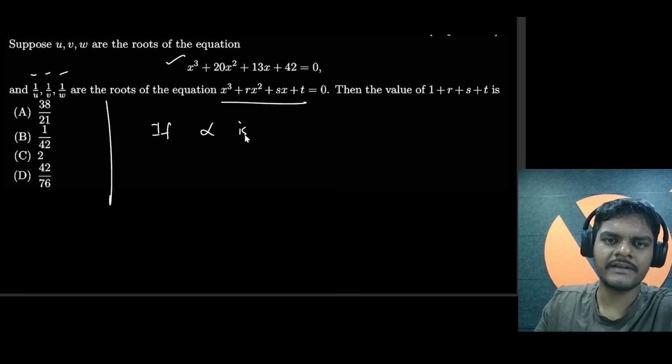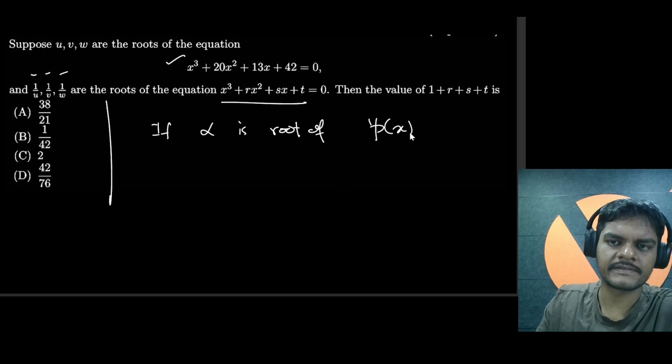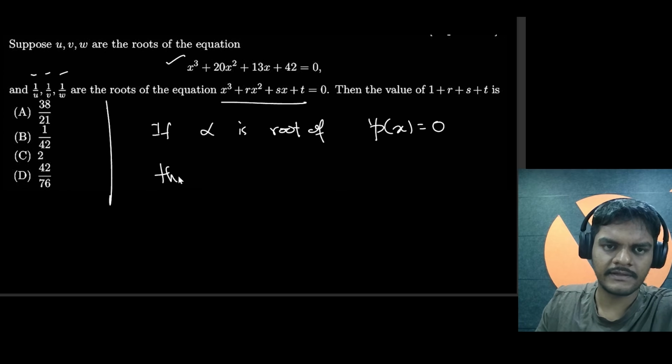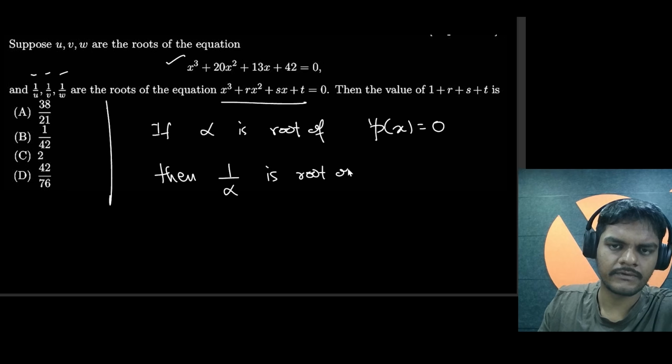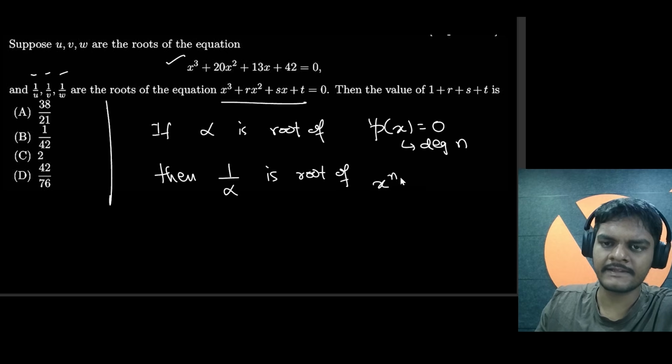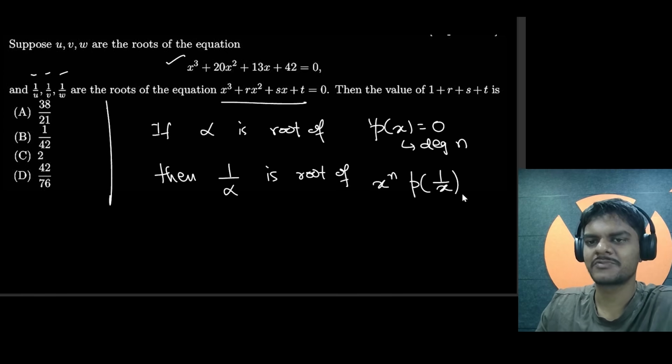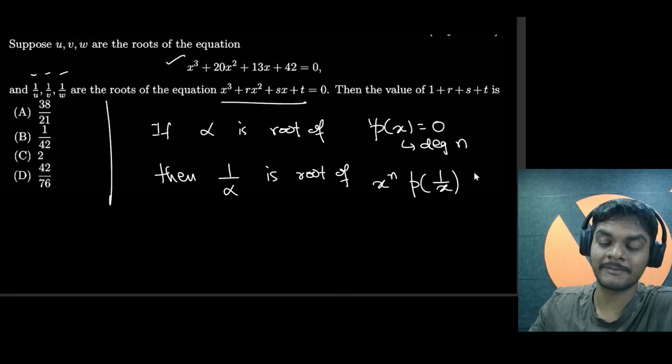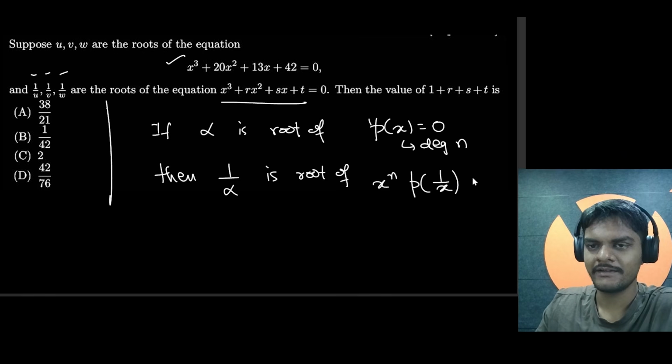If alpha is root of p of x equal to 0, then 1 by alpha is root of, if the degree is n, x power n p of 1 by x equal to 0. To make it a polynomial, I have to multiply by x power n.